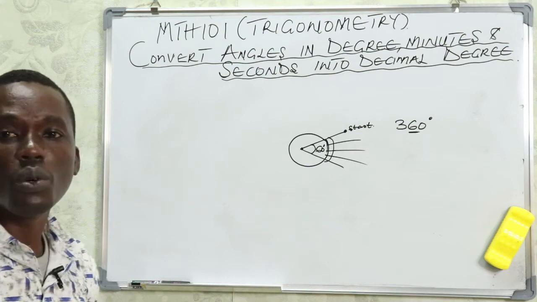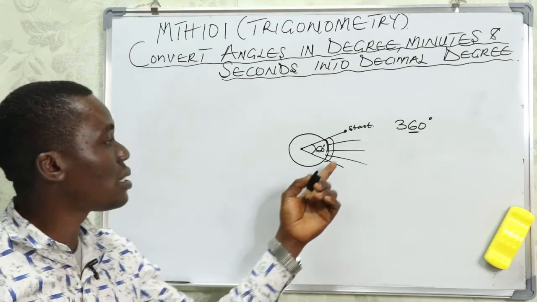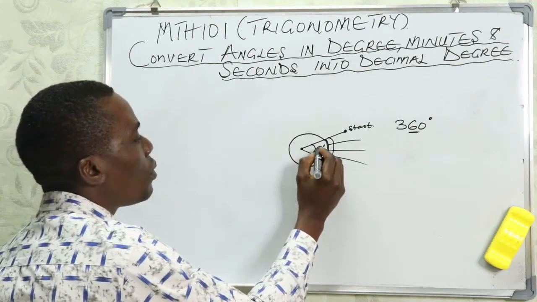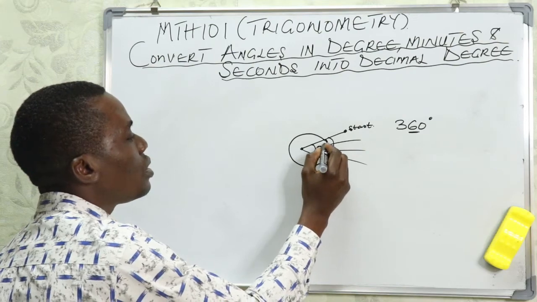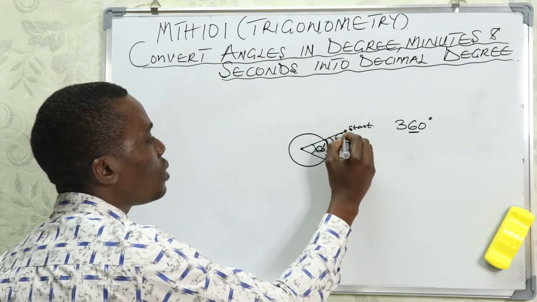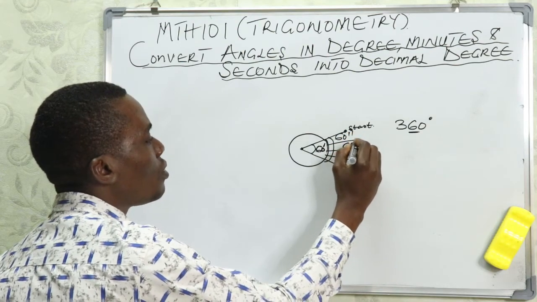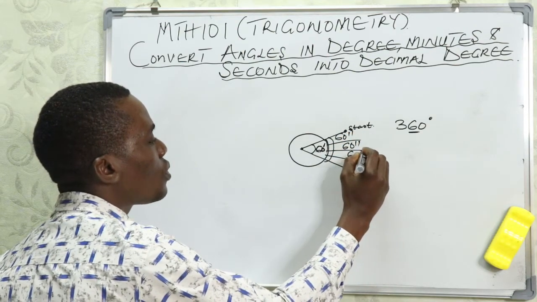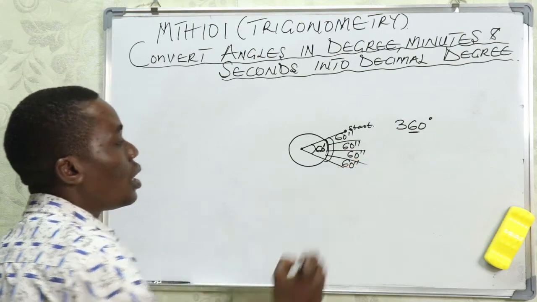Now do you know that this 360 degrees can be broken down into 60 minutes, and this 60 minutes can also be broken down into 60 seconds?